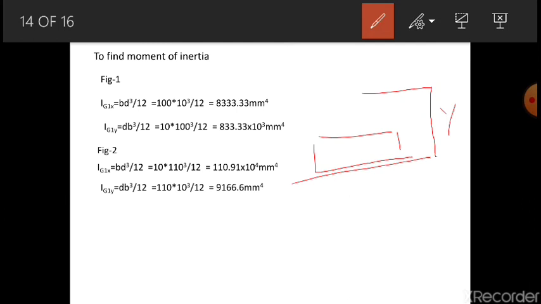So the distance which you calculate is this distance, y bar minus y1, the whole square. Half of this distance will be the y1.